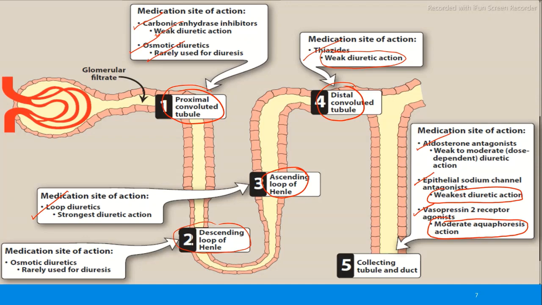Aquaresis means that when they act on it, they cause the movement of water from the tubule into the interstitial spaces. So remember this particular chart. You will never have a problem remembering the site of action of the various drugs.